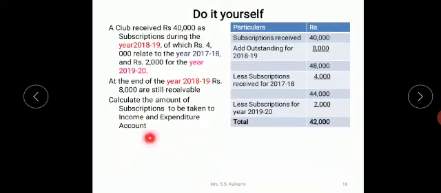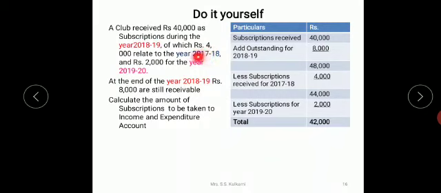Now we have one more problem where subscriptions are received but it is not specified year wise. A club received rupees 40,000 as subscriptions during the year 2018-19. So 2018-19 is treated as the current year, of which rupees 4,000 relate to the year 2017-18. Followed?